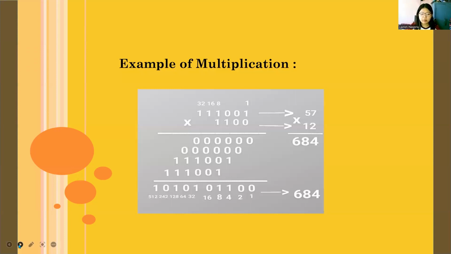Now let's add the top row: 1 plus 8 plus 16 plus 32 equals 57. Second row, 4 plus 8 equals 12. Now let's multiply 57 times 12, and the answer is 684. Now we can see that we have the right answer.